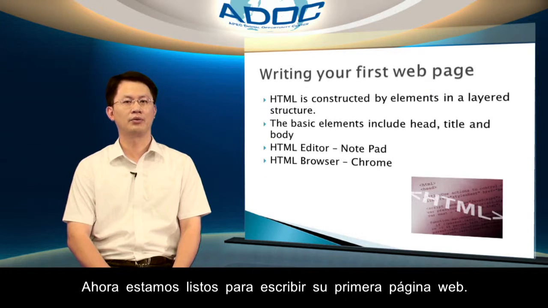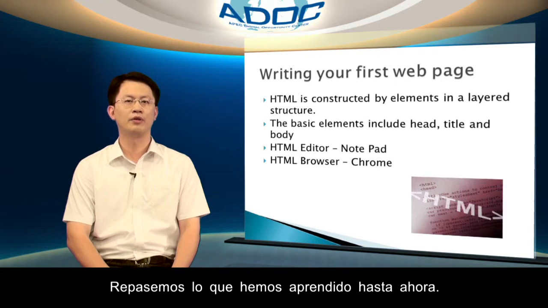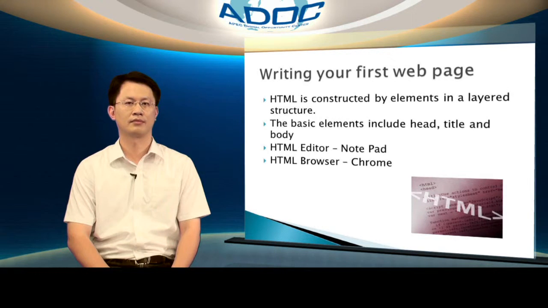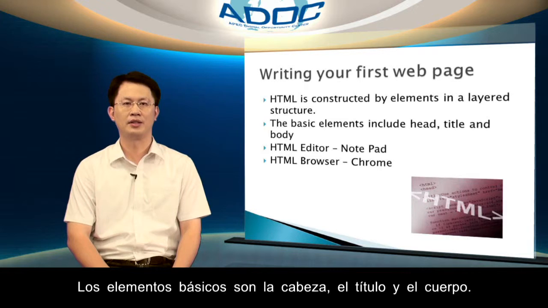Now we are ready to write your first web page. Let's review what we have learned so far. First, HTML is constructed by elements in layer structures. The basic elements include head, title, and body.